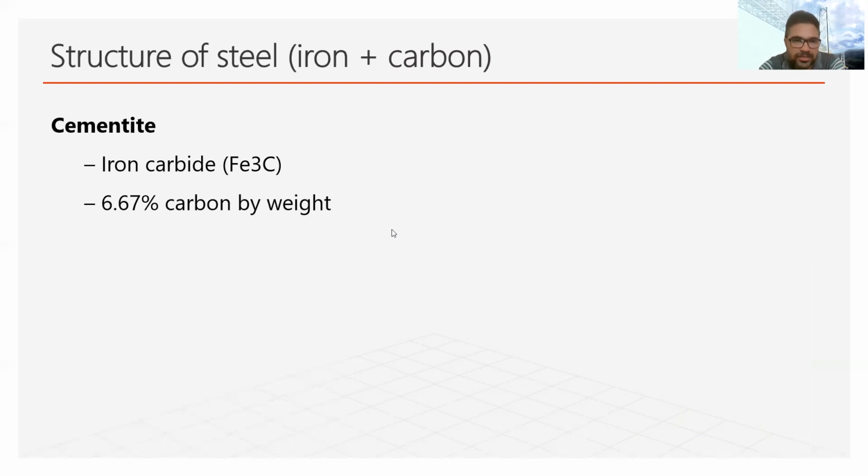As I told you in the previous slide, if we further increase the temperature of steel or iron, say more than 1400 degrees Celsius, then the carbon solubility will increase, and this solubility may go up to 6.67%. So iron carbide forms at this percentage, and this will be known as cementite.